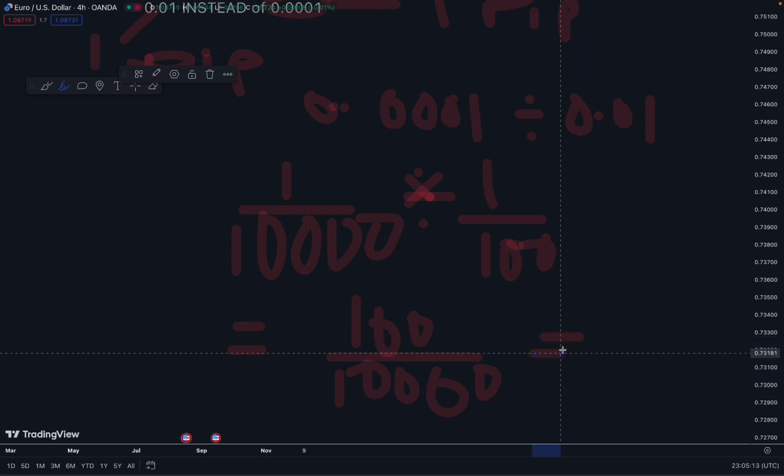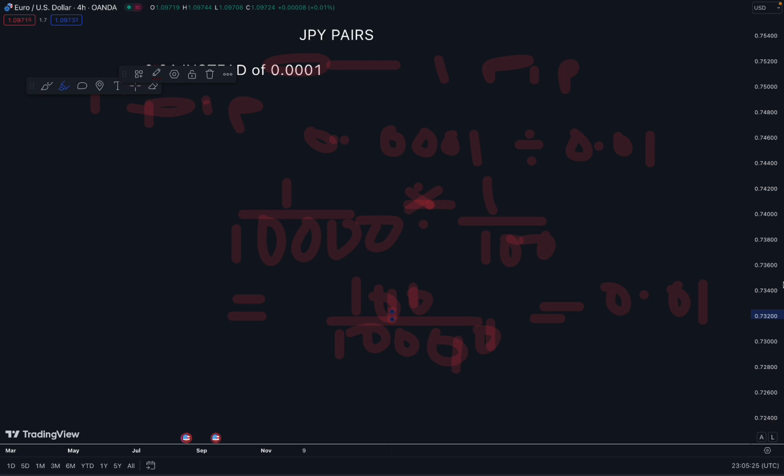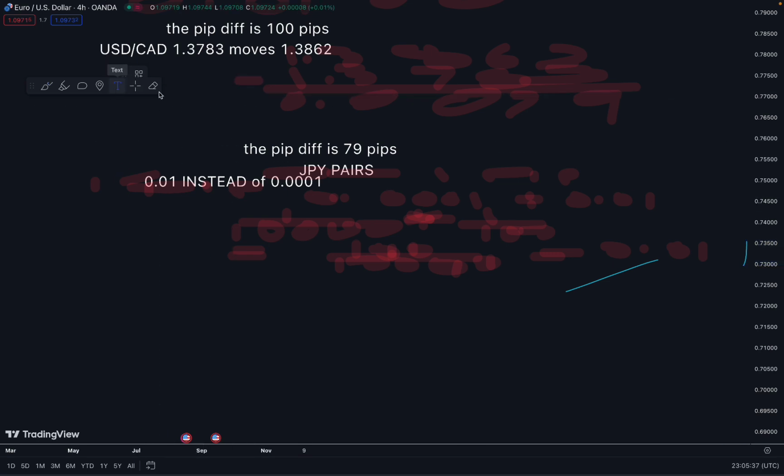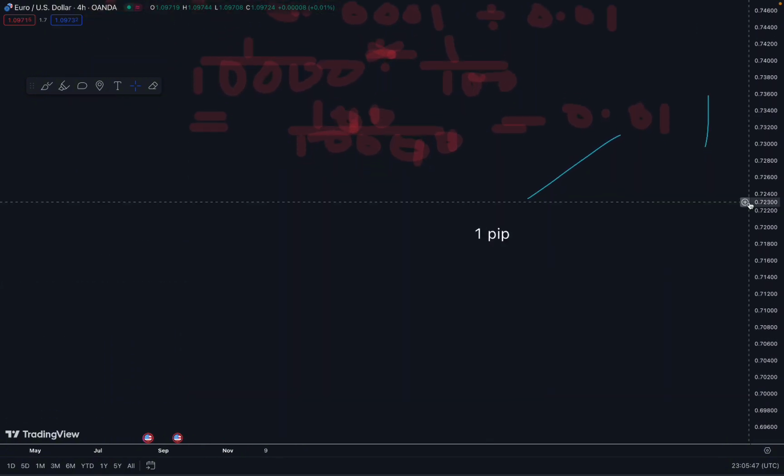This is going to give us 0.01. This zero cancels this zero, then this zero cancels it, so you're going to get 1/100, and that's the same as 0.01. And this 0.01 is our 1 pip in the Japanese yen pairs, instead of the 0.0001 we know for other major currency pairs.